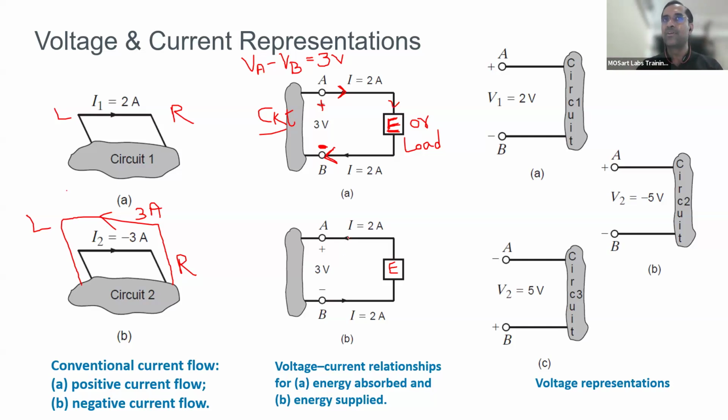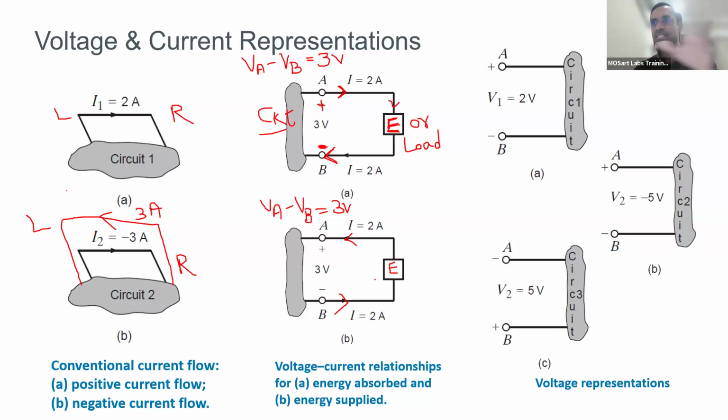Whereas when you draw it in the other direction, same voltage, A and B is still the same, which means VA minus VB is exactly again 3 volt. However, the element is now supplying current into A. So the current is going into A and coming out of B. On the top diagram, current is coming out of A and going back into B, whereas in the bottom, current is going into A, right?